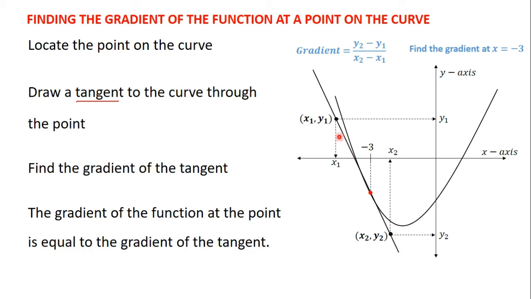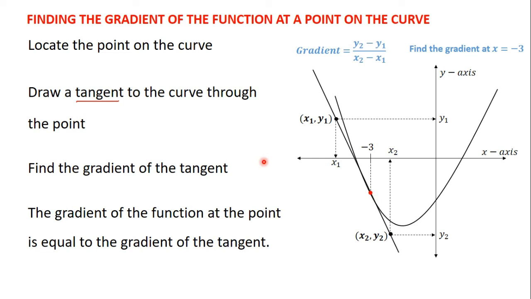So on this graph sheet, the gradient of the tangent that passes through the point x is equal to -3 is the same as the gradient of the function at the point x is equal to -3.